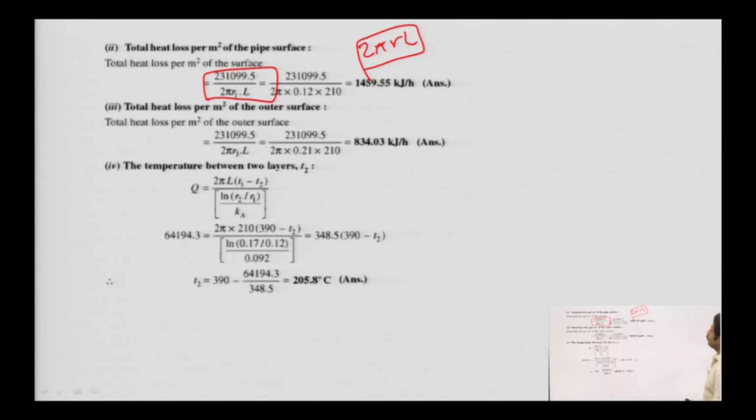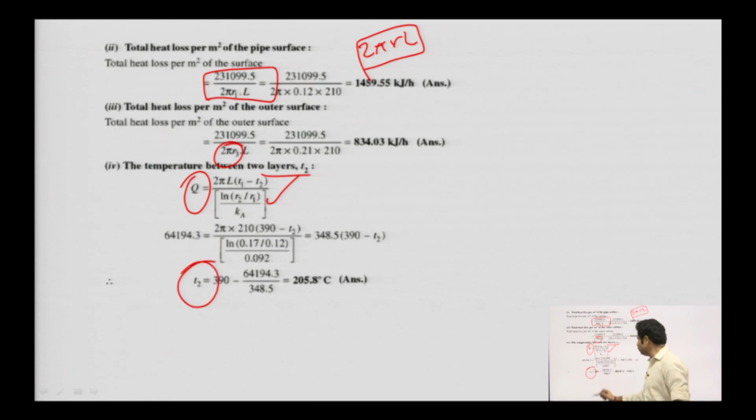The total heat loss per meter square of the outer surface uses the outer radius. So you just need to play with the radii and you can get the heat loss on the inner surface and on the outer surface. It is R1 and it is R3, as you can already see. For the temperature between two layers, you can see the Q remains the same, you are just playing with the temperatures and the resistances. So here you can get T2, the interfacial temperature.